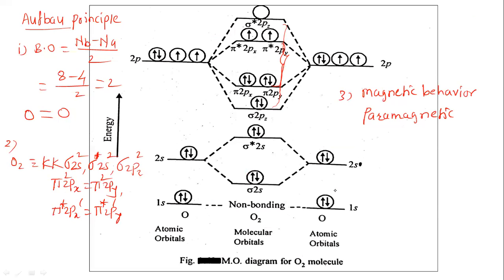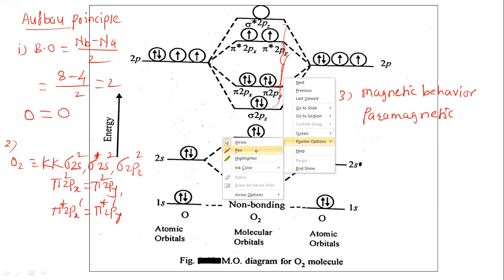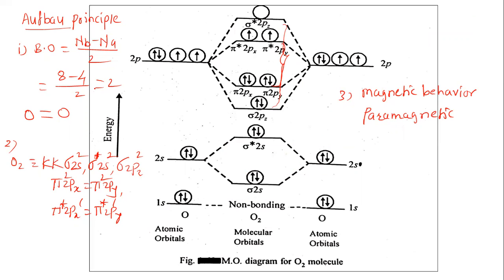As we see the MO diagram of the oxygen molecule, here in this diagram, the sigma 2pz bonding molecular orbital has lower energy than pi 2px and pi 2py. So usually the electrons enter into the sigma 2pz. For example, in the case of the boron molecule, there are a total of 10 electrons.